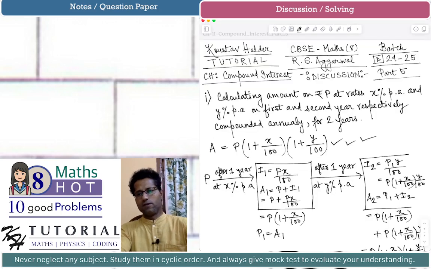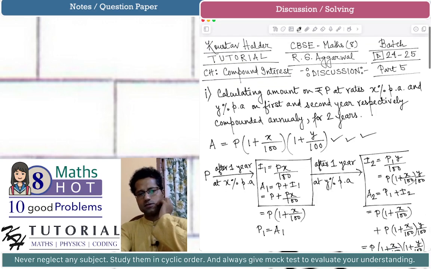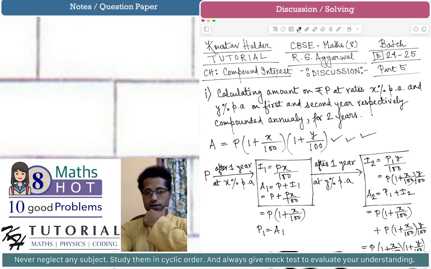I will not solve any problem. I just wanted to discuss the formula. Probably while solving the exercise problems of the subsequent exercise, it will be clear how we apply these concepts to solve the problem.